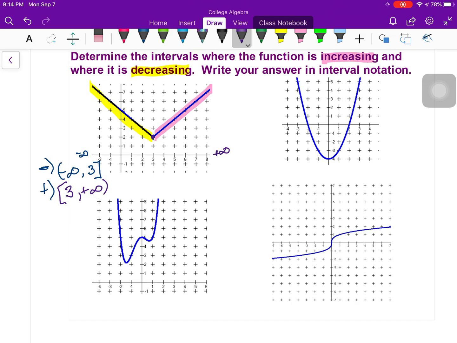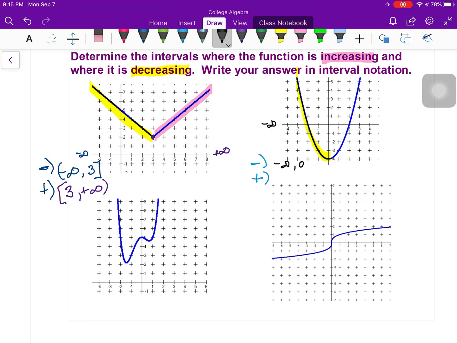All right, again, where does the function increase and decrease? I guess I did decrease first. So from left to right, this function is also falling to that point. So from negative infinity to 0.